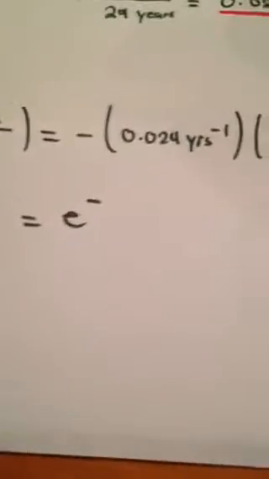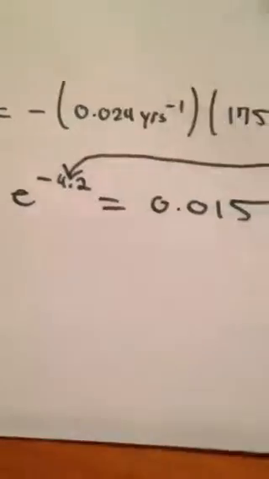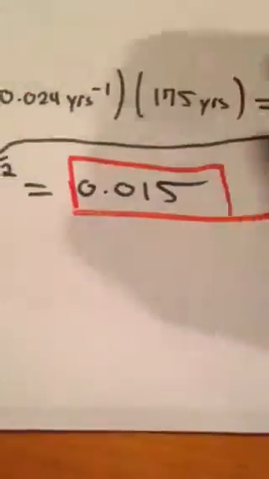And then this is going to equal e to the negative, because of all this. So right here, this is coming over here because we're raising all that. It's going to be e raised to the negative 4.2, which is going to equal 0.015. And in actuality, that is our answer for this problem.